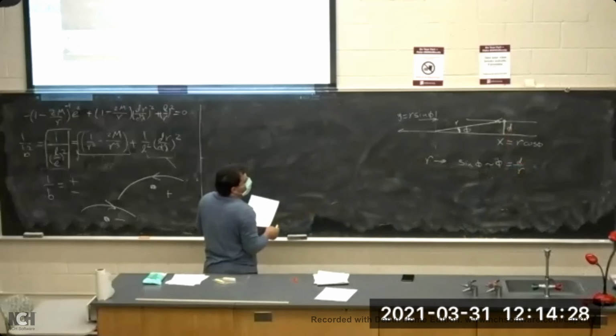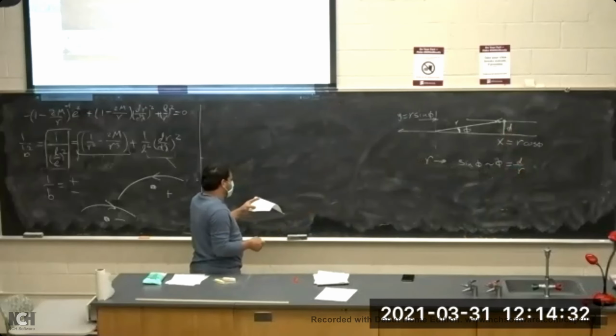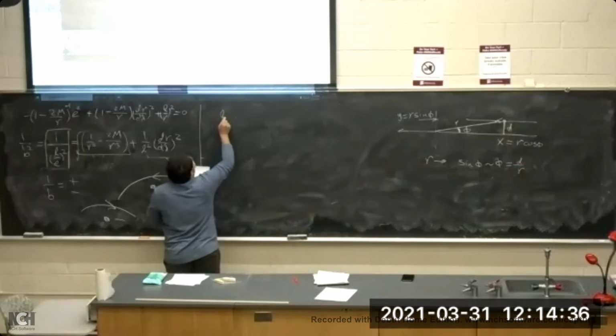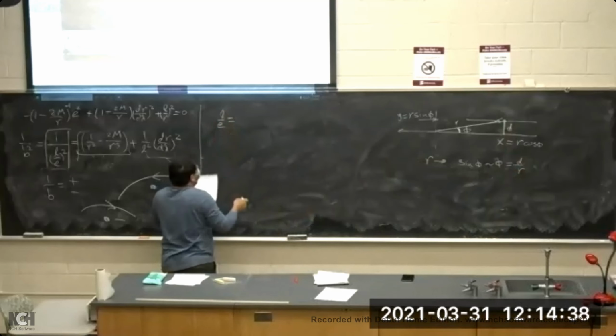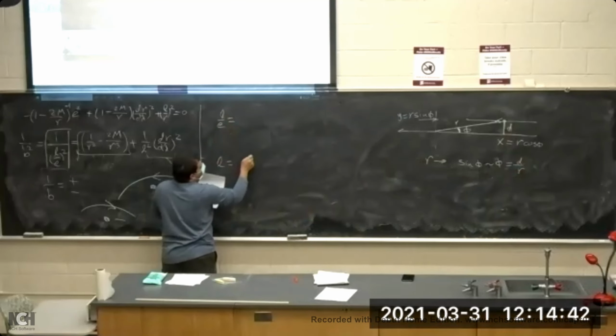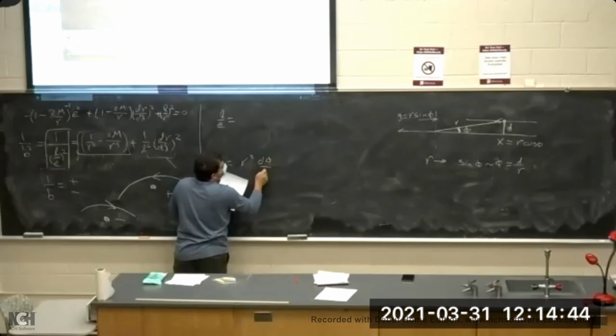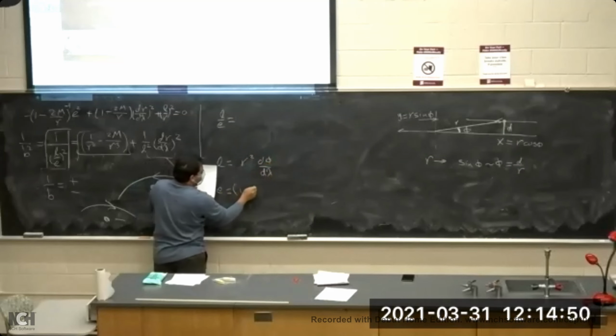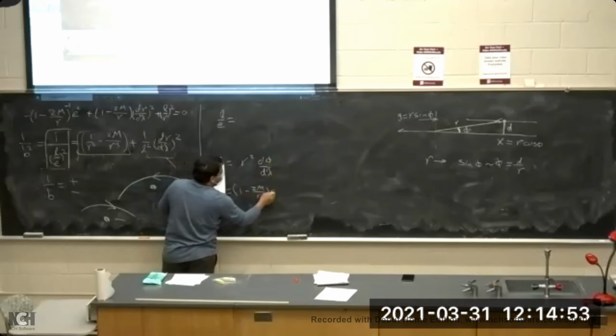I need to write them, we need to use them always. Now, we need to find L over E. We know from the constraints that L is equal to R squared d phi by d lambda, and E is equal to 1 minus 2m over R times d t by d lambda.